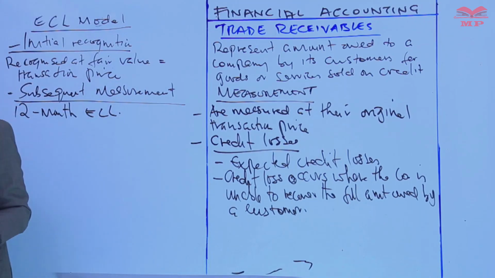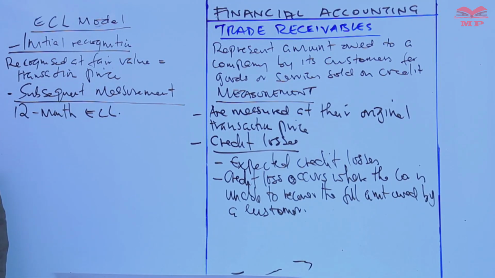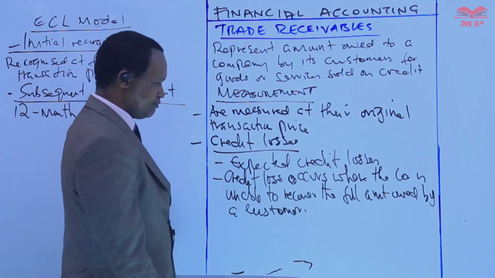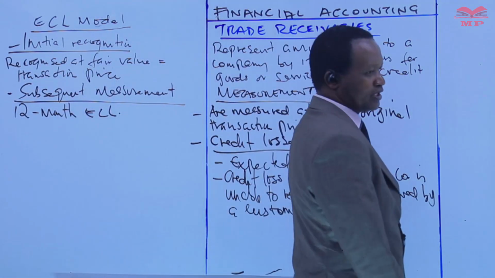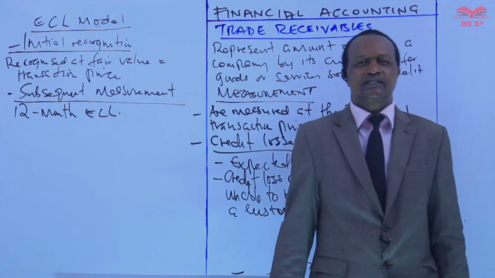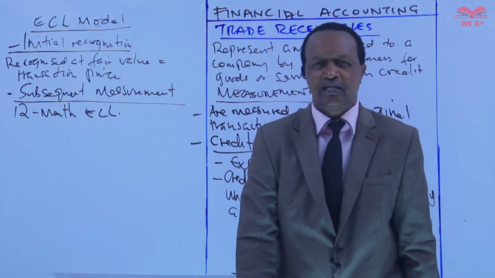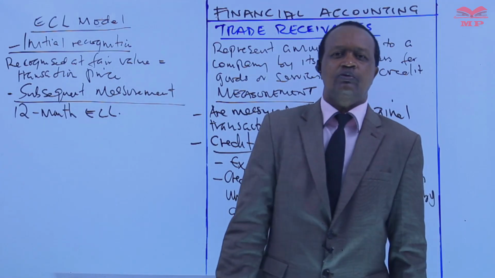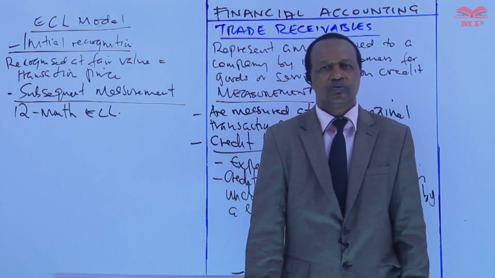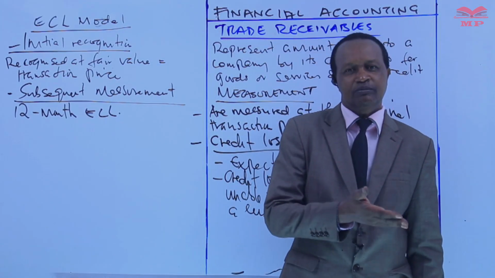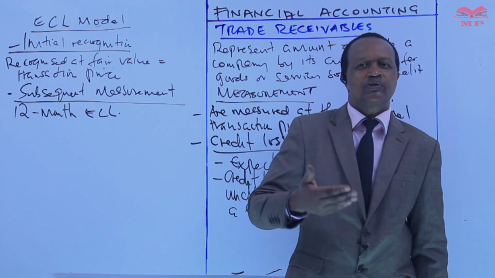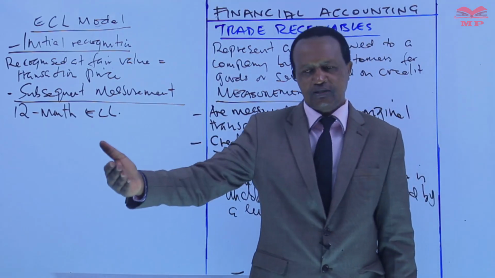Is that clear, candidates? So in your exam, you will come across items like bad debts and allowance for doubtful debts. Bad debts refer to the accounts receivable that a company determines it cannot collect from its customers.